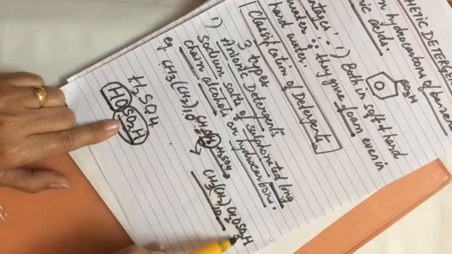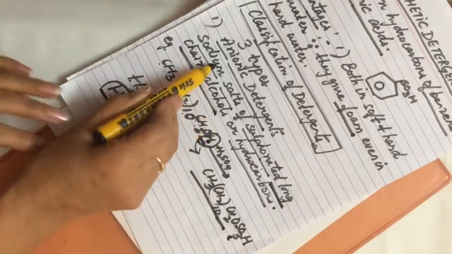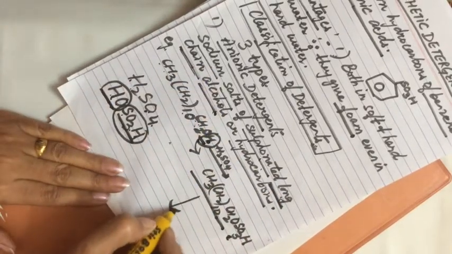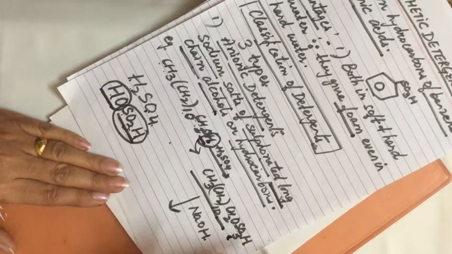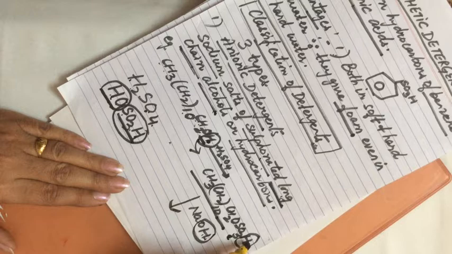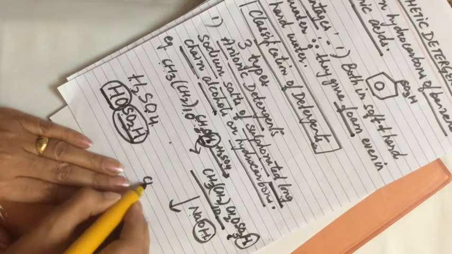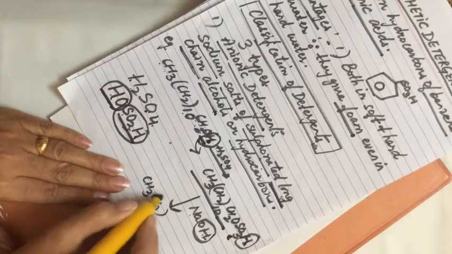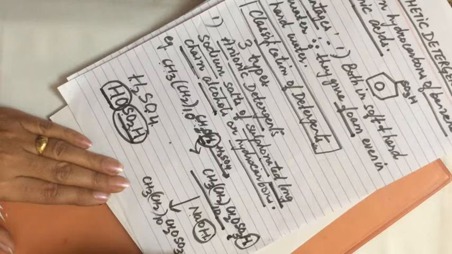In alcohol, now the sulfonic group is there, so this becomes sulfonated long chain alcohol. Now for the sodium, this is reacted with NaOH. This H comes out, combines with this OH, forming water, and in place of this H now Na will come here, and this becomes CH3, CH2 whole 10, CH2O SO3 Na.